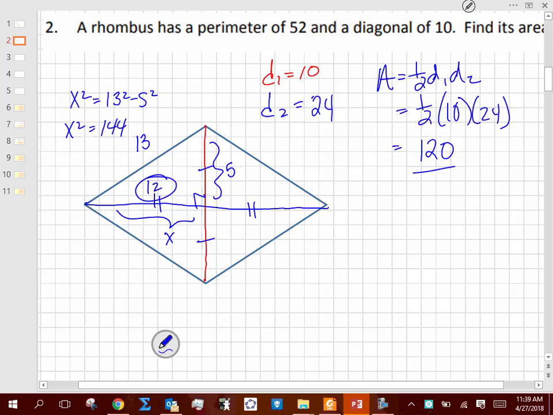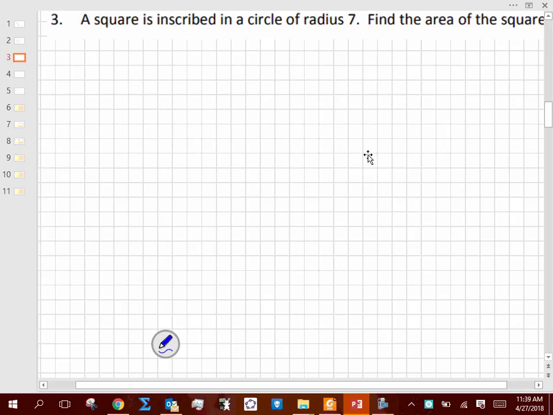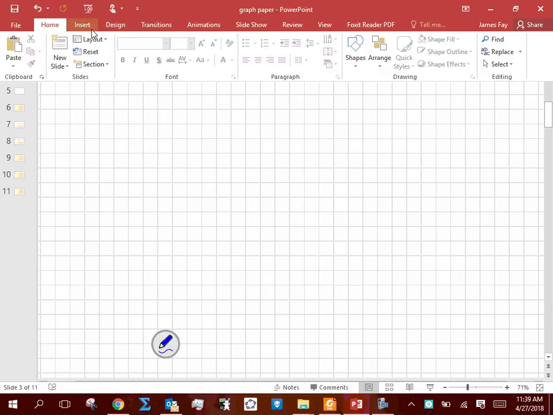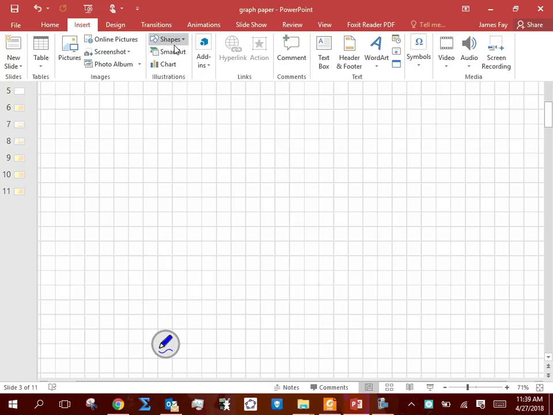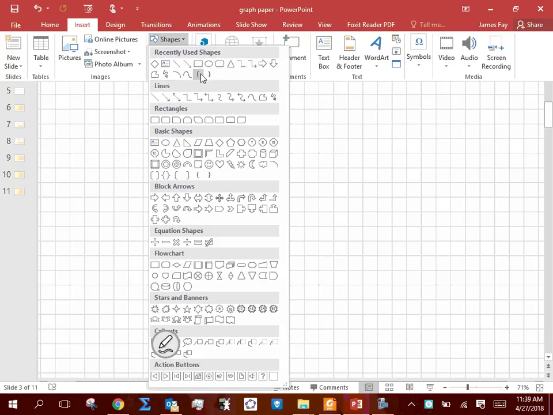Now, question 3 is very similar to one that we did yesterday. The one we did yesterday, the circle was on the inside of the square, right? Where's the circle on this one? Outside the square. So we're going to take a square here. I don't know if my PowerPoint abilities are going to be very good here, but we'll see.